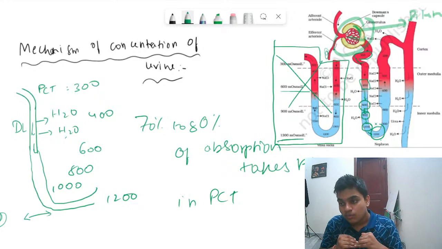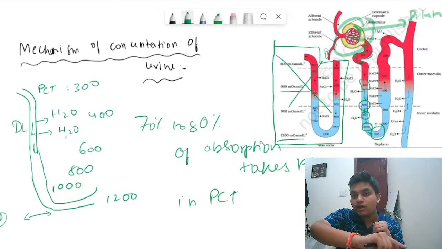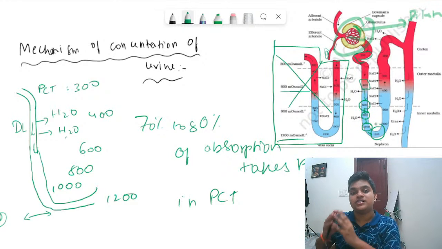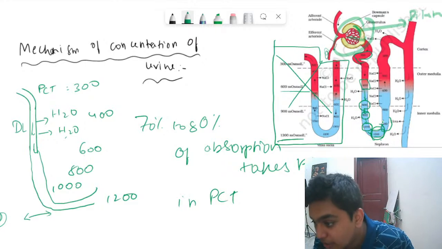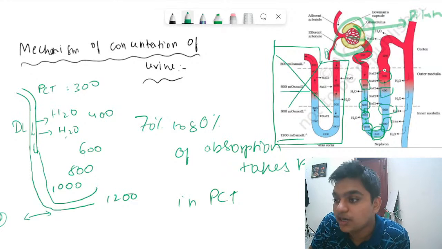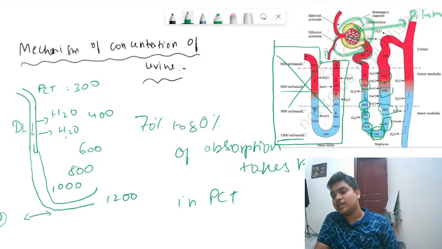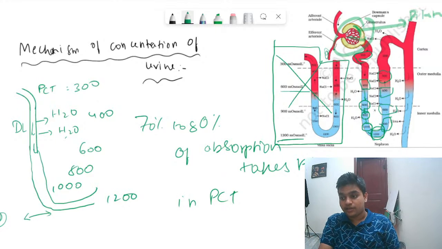Now, while you are moving up the ascending limb, it is permeable to ions, impermeable to water, which means concentration decreases. See here, initially it was 1200, it became 800. From 800 it became 600, from 600 to 400, 400 to 300. Now the concentration decreased gradually, which means dilution increased.